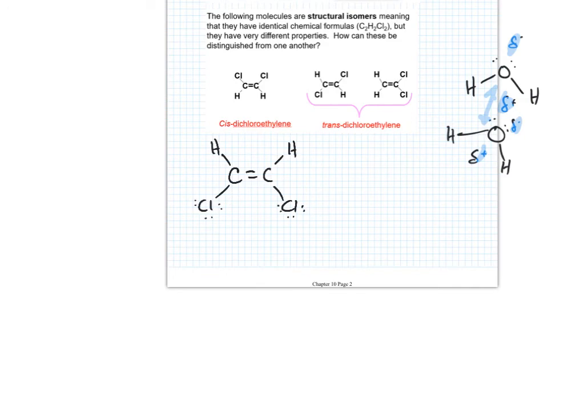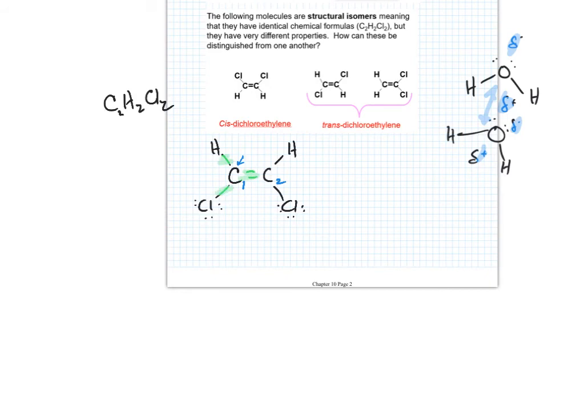All right, so the formula is C2H2Cl2. Now, let's call this carbon 1 and carbon 2. If we look at the geometry of carbon 1, how many electron domains does this guy have? 1, 2, 3.